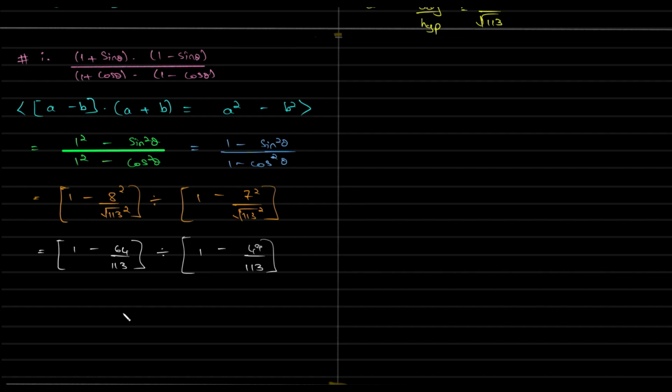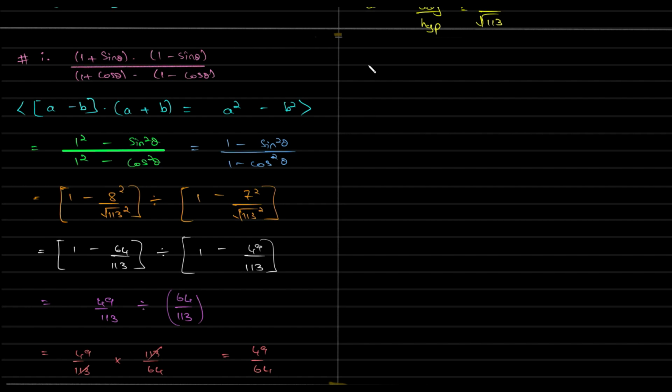This is just a matter of calculating, taking LCM and subtracting. So this will be 49 by 113 and this will be 64 by 113. So this turns out to be 49 by 113 into 113 divided by 64. We are converting division to multiplication. So this and this will get cancelled and your answer is 49 by 64.